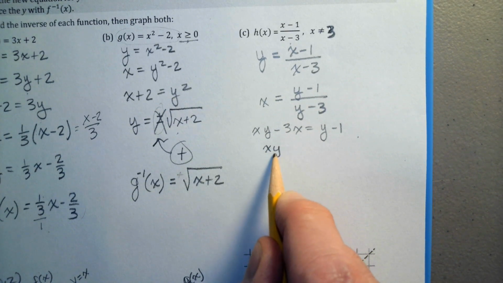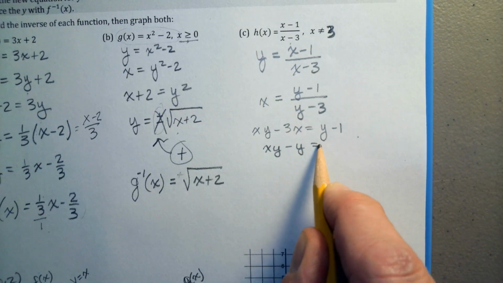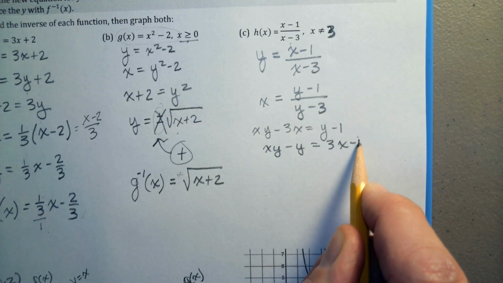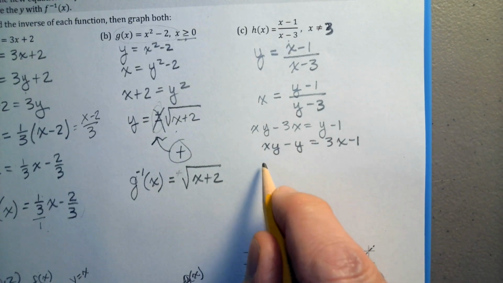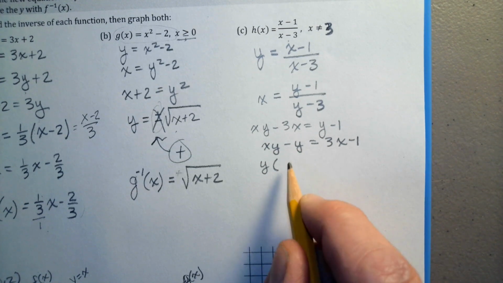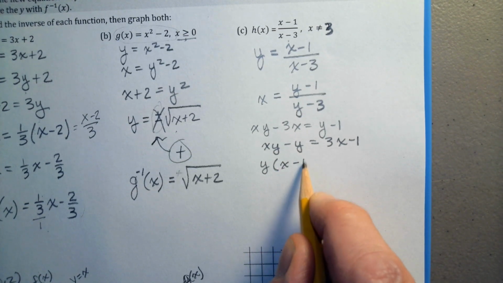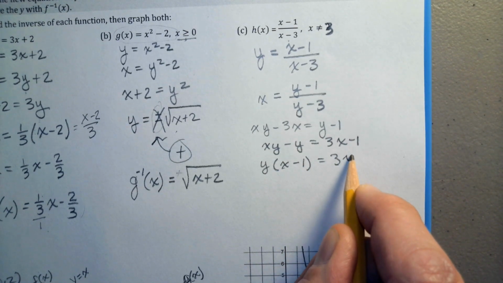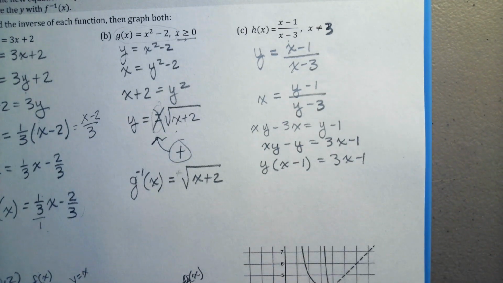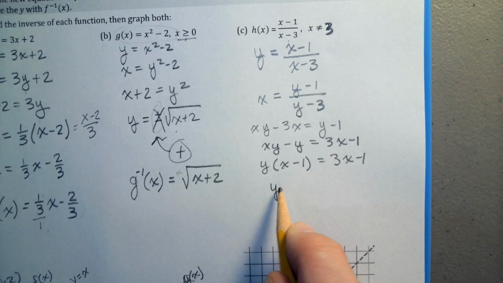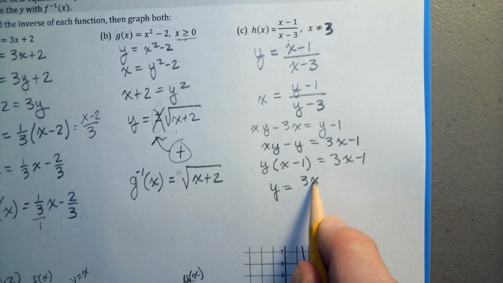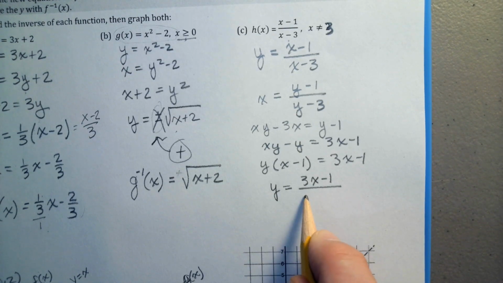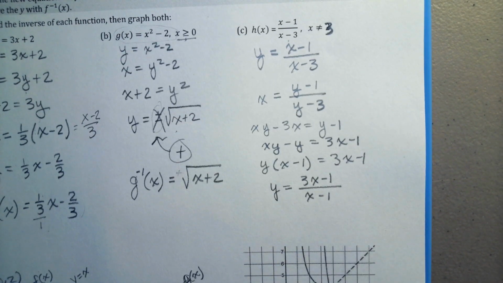We get xy minus y equals 3x minus 1. Factor a y out. We get y times x minus 1 equals 3x minus 1. And then finally we'll divide by the parentheses. y is equal to 3x minus 1 over x minus 1.